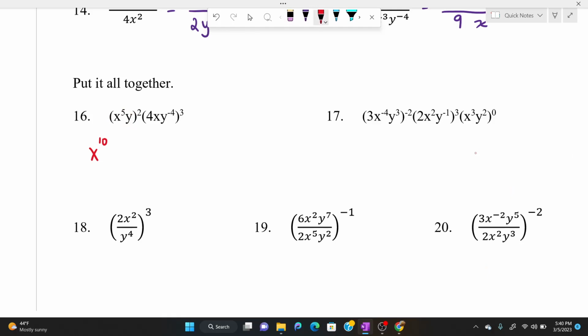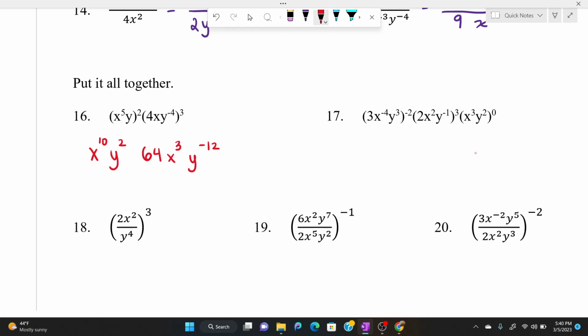So that's how I did the x to the 10th, and then y squared, and then, okay. 4 to the third is going to be 4 times 4 is 16, times 4 again is 64, and then x to the third, and then y to the negative 12th, because I am again using a combination of those two rules I just mentioned.